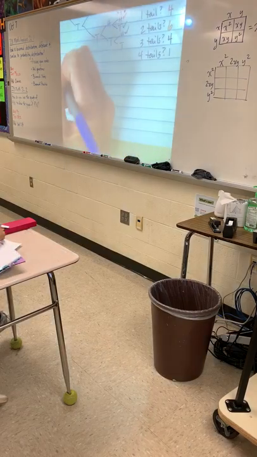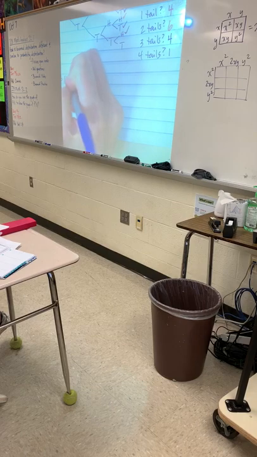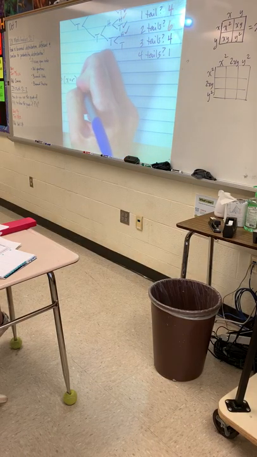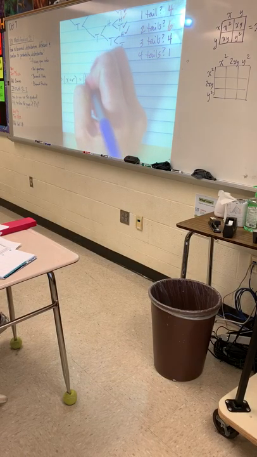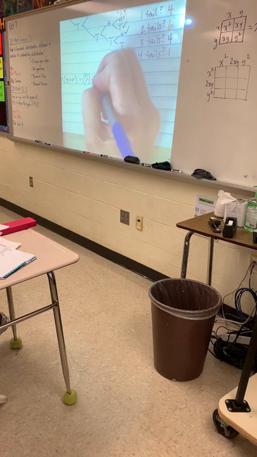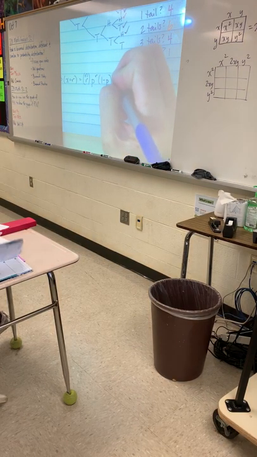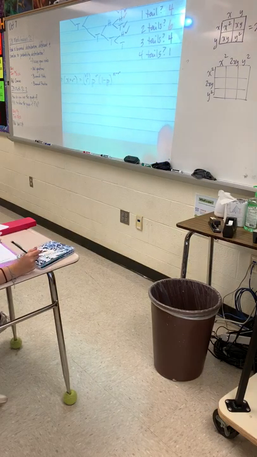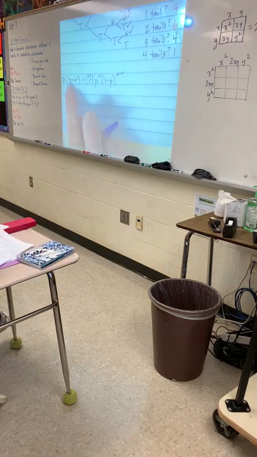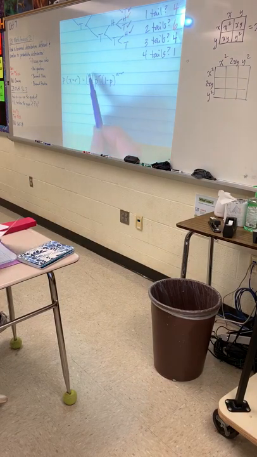Here is the formula that you're going to want to use; it's also in your formula packet. We're going to label everything. The probability that x equals r is n choose r. Remember, that's not a fraction.